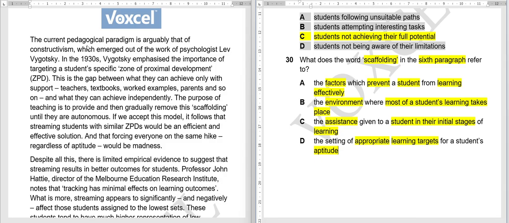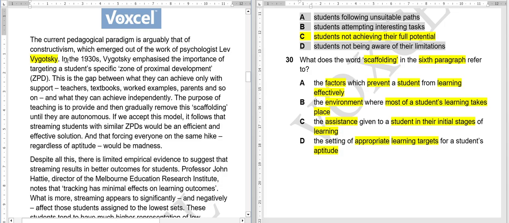The current pedagogical paradigm is arguably that of constructivism, which emerged out of the work of psychologist Lev Vygotsky. Okay, here is the name of the person. In the 1930s, Vygotsky emphasized the importance of targeting a student's specific zone of proximal development.